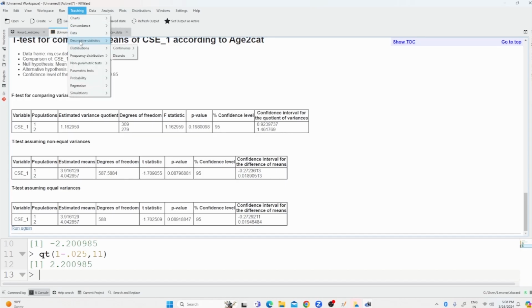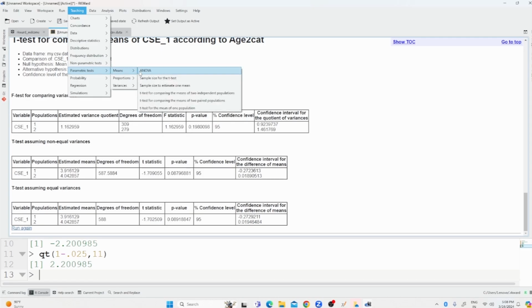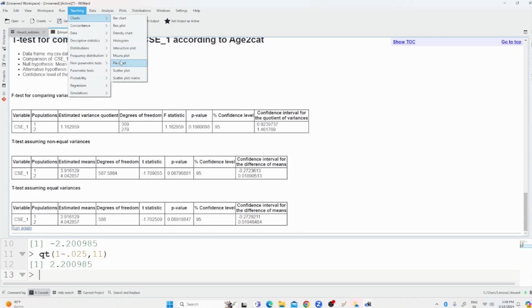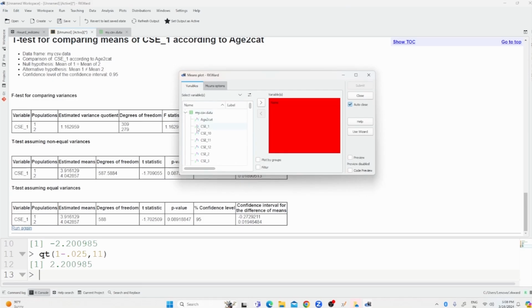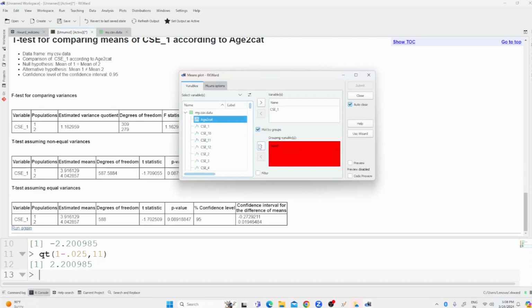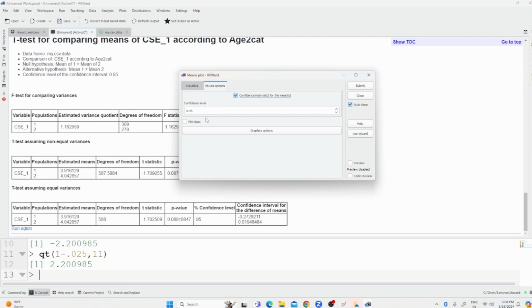We will see here by means the descriptive statistics. So, we will have this plot by groups.